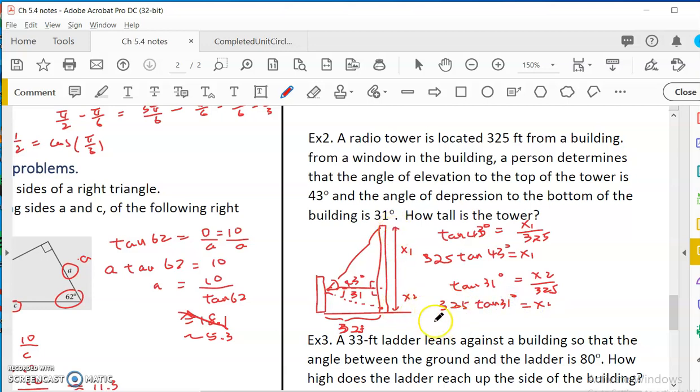And then the total height of the tower is x1 plus x2, equal to 325 tangent of 43 plus 325 tangent of 31.